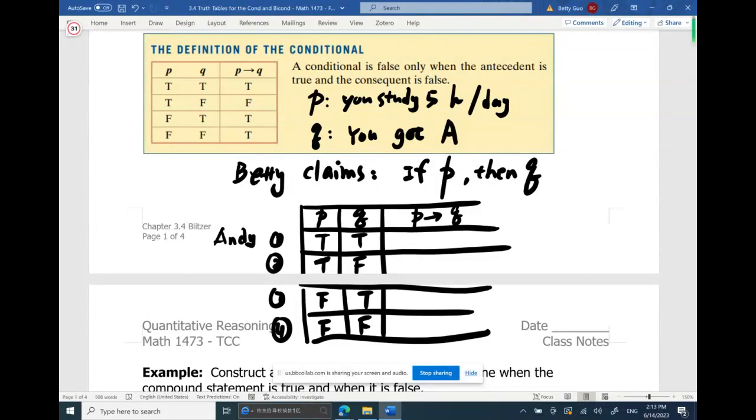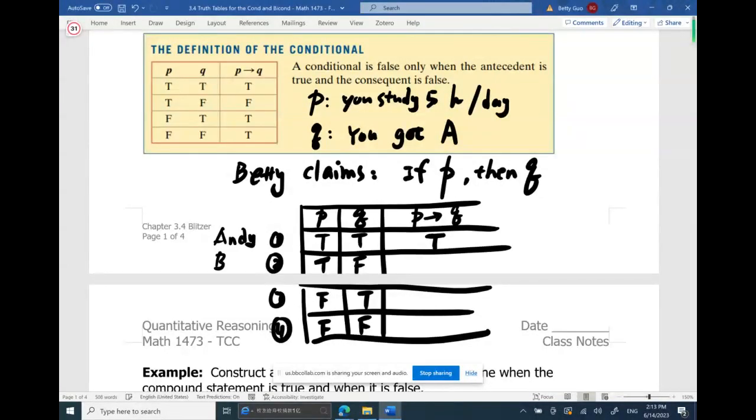Andy will be happy with my claim, right? Because the teacher says, if you study 5 hours every day, then you receive an A. And he did it. He studied 5 hours a day and he got an A. So that makes my claim true. In Andy's case, my claim is true for sure.